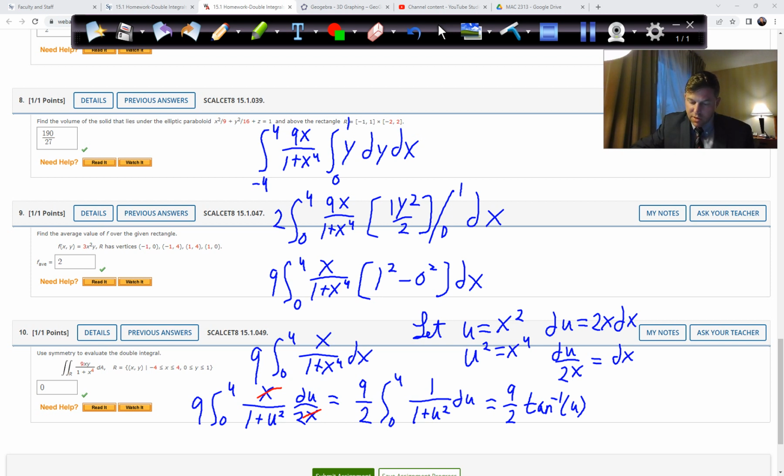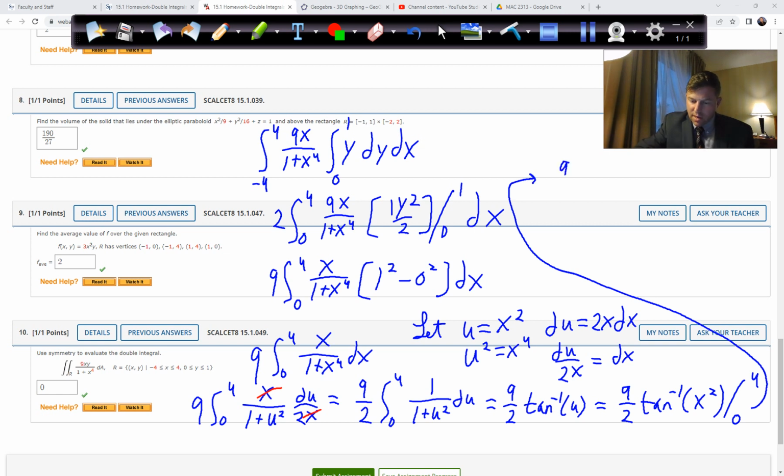And I have to substitute in what that is before I put the limits on it. u was x squared, evaluated from 0 to 4. So we're going to get 9 over 2 arctangent of 4 squared minus 9 over 2 arctangent of 0.